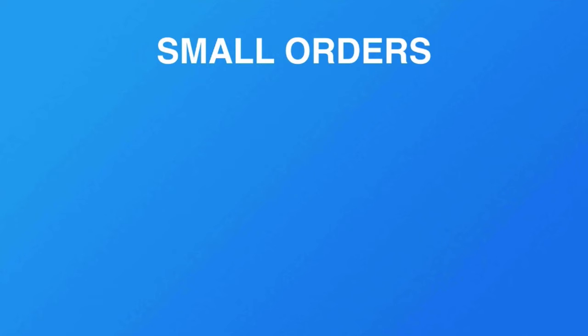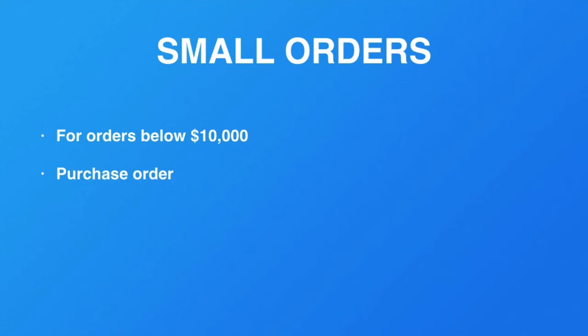If your order is below $10,000 in value, normally you can just use a purchase order. You can generate a purchase order yourself or ask your supplier to generate that for you.